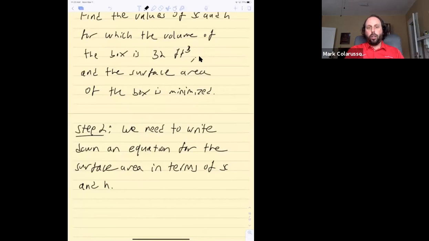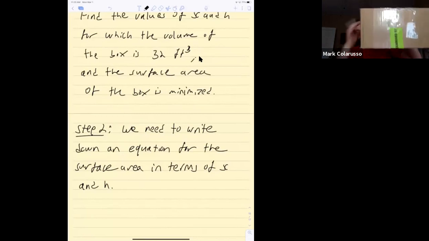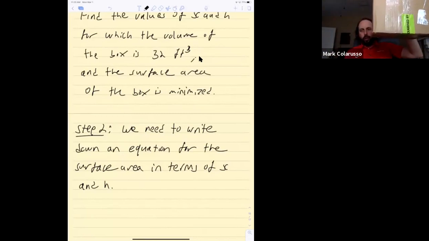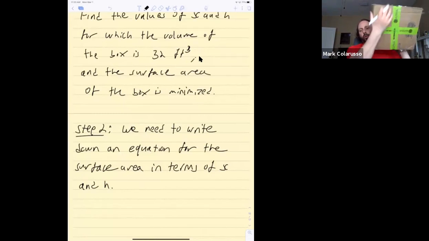Okay, so I'll use this box as a prop. Now I'm going to fold in the sides, so just pretend the box is open. So you don't see those sides that we're flapping over with a nice wrapping paper on them. So the surface area is, first of all, the area of the square base.